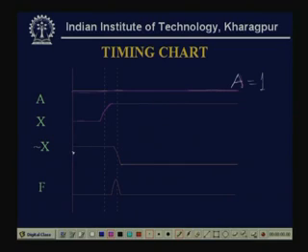Now, what about the X complement? Initially the X complement was high, and in the ideal situation it should be 0 here, but it will take some time for the inverter delay.